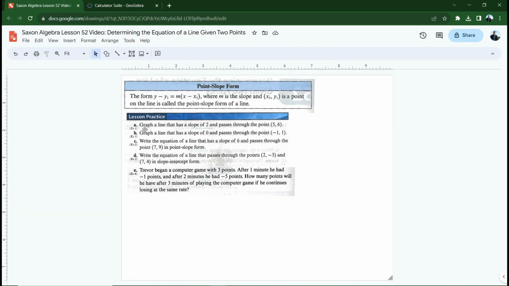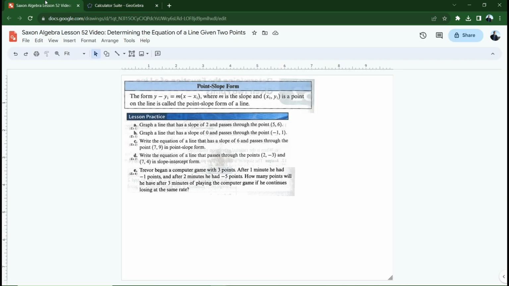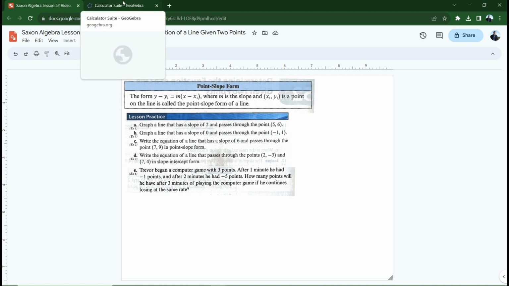Next, I need to graph a line that has a slope of 0 and passes through the point -1, 1. Is this going to work if I have a slope of 0? Well, let's just try this out. So the graph would look like this: y minus, and let's see, it passes through -1, 1.